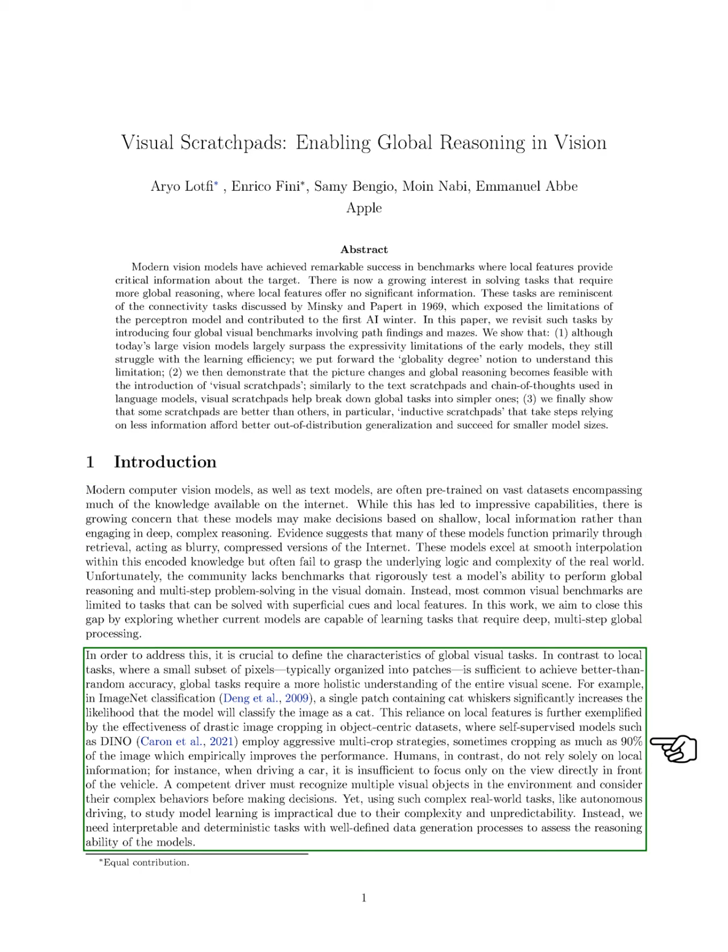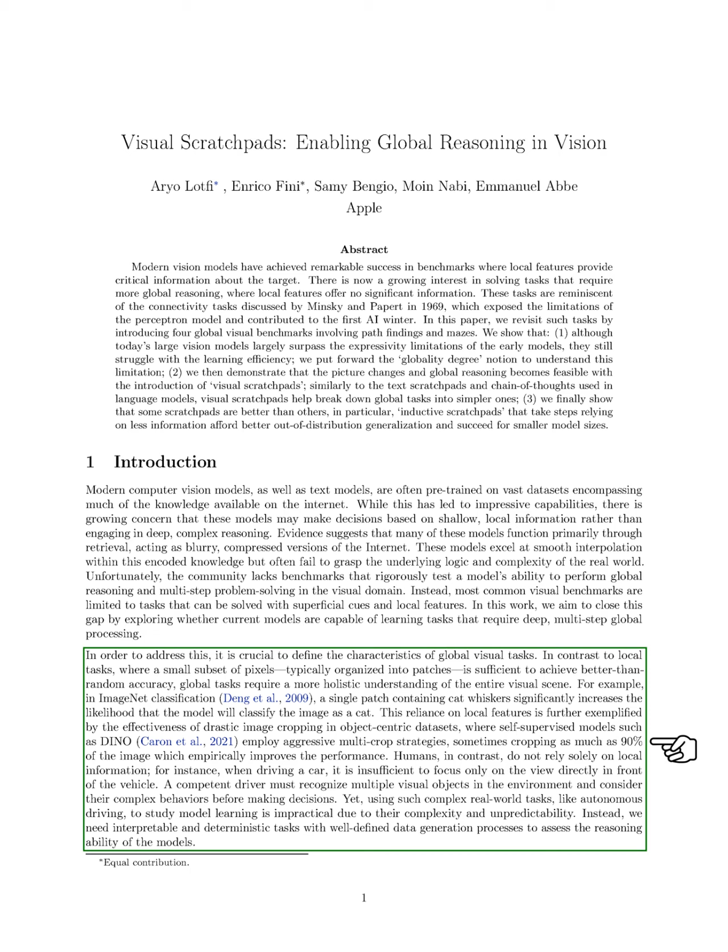Unlike local tasks, which can be solved with a small set of pixels, global tasks necessitate a comprehensive understanding of the entire visual scene. For instance, in ImageNet classification, recognizing a small patch of cat whiskers can lead to classifying the image as a cat, highlighting the reliance on local features. Humans, however, do not depend solely on local information.